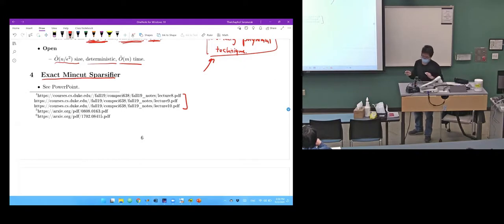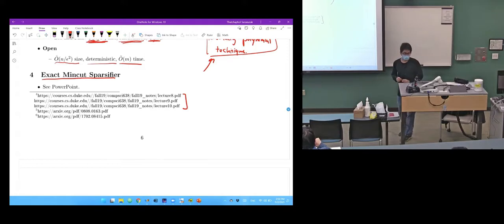Another thing that I will tell you is that here it's still just about throwing edges away. But what if the graph is already sparse? Can you do something about that? There is the notion of vertex sparsification too.